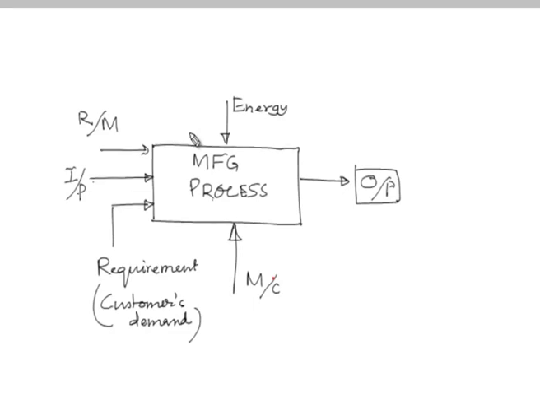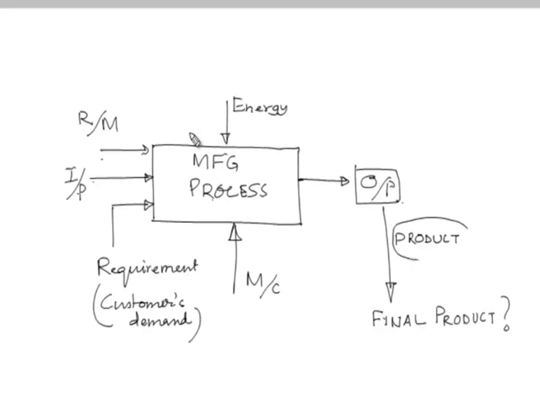But now the question is, whatever raw material is converted into output, will it be the final product or not? Is it a final product or does it represent the final product? The answer is not necessarily. A few minutes back I also spoke about this.